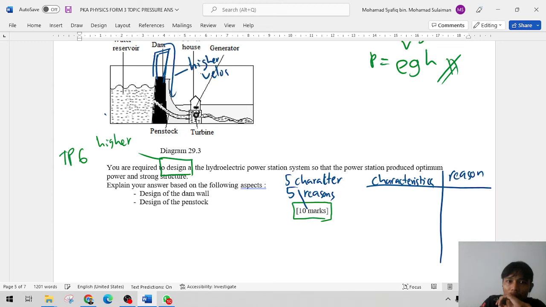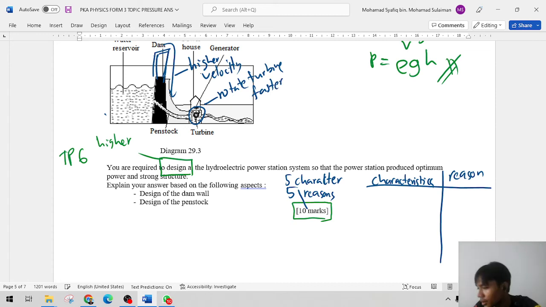Higher velocity will rotate the turbine faster. So we want to have higher gravitational potential energy of water. That's the first one.